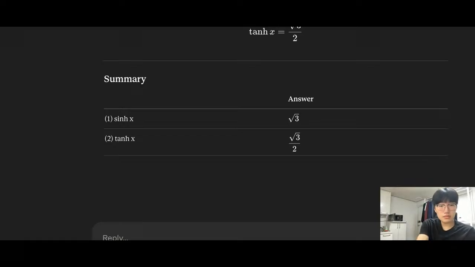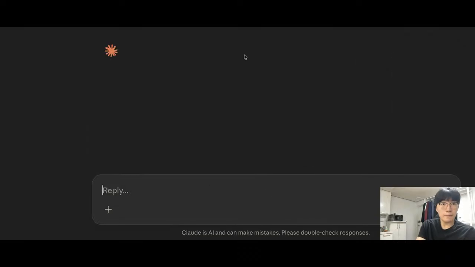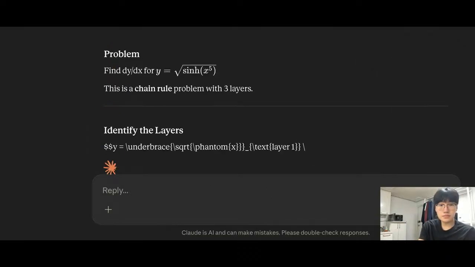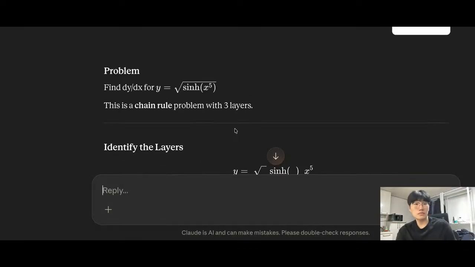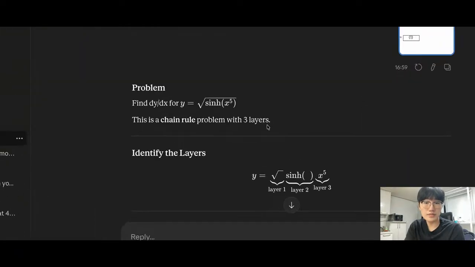All right. So find, okay, hold on. y equals square root of sine hyperbola x to the power of 5, find dy/dx.